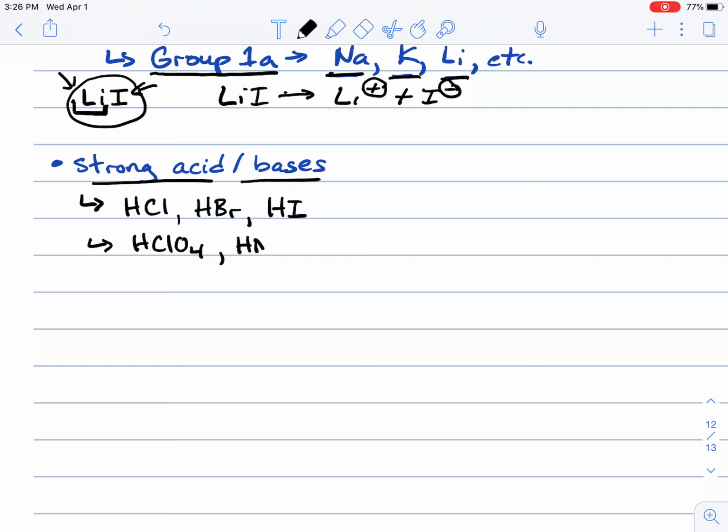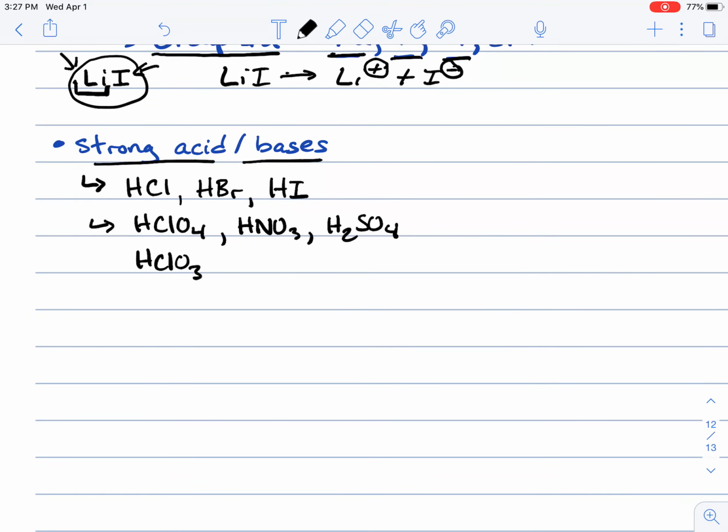HNO3, this is nitric acid. H2SO4 is going to be sulfuric acid. Other common strong acids, I think it's HClO3. So chloric acid is also a common strong acid.